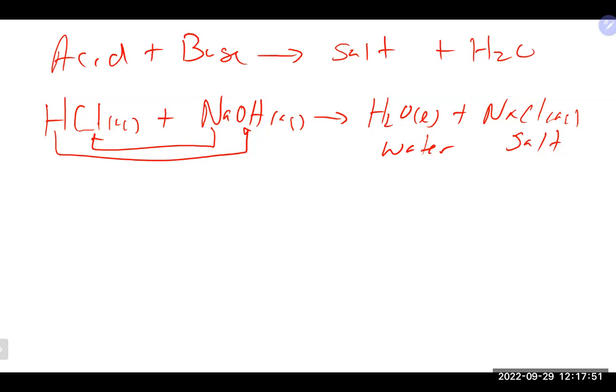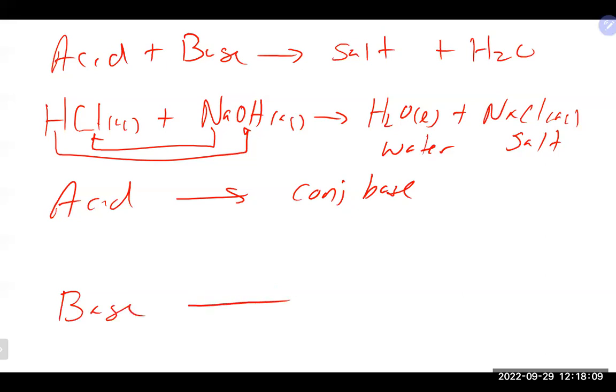The other really important thing here is the relationship that we talked about earlier between an acid and its conjugate base, or even a base and its conjugate acid. So the relationship I'm speaking of is, if my acid is strong, the conjugate base will be strong or weak?